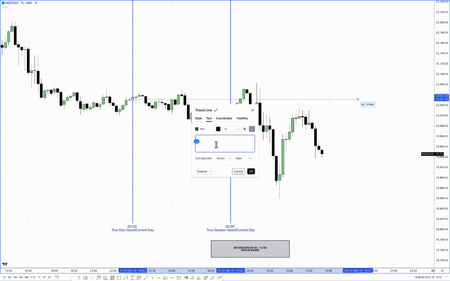The time never changes. Price will never look the same again, but time is always gonna be fixed. So I'm gonna mark this as higher time frame true open.